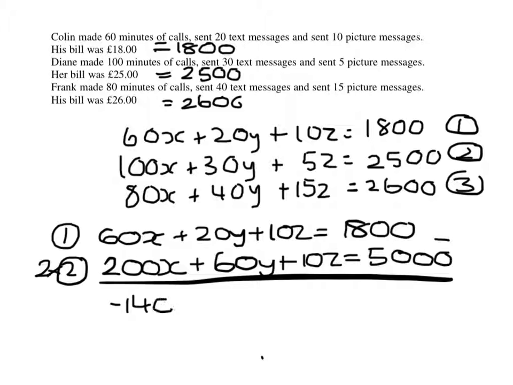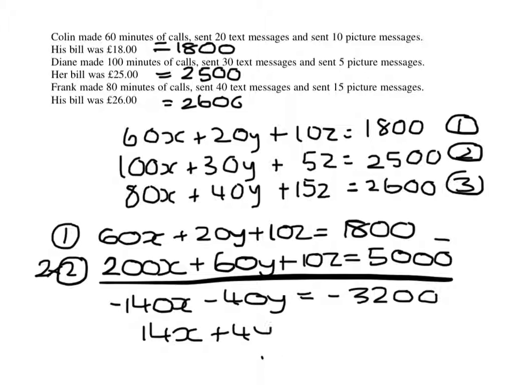Negative 140x negative 40y equals negative 3200. So that tells me that 14x plus 4y equals 320.